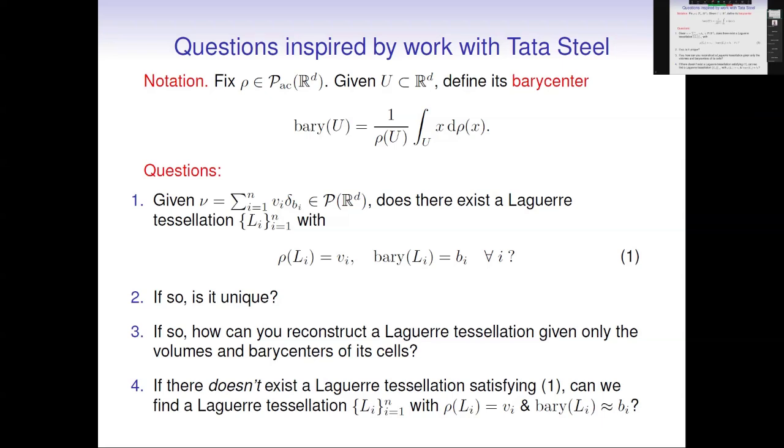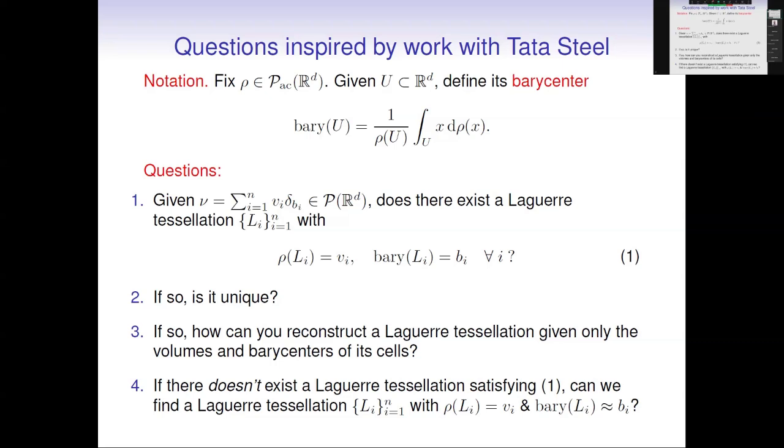So can you find a tessellation where the cells have the right volumes and approximately the correct barycentres? These are the questions I want to discuss. I'm not sure if we'll get as far as number 4. But are there any questions about the questions?